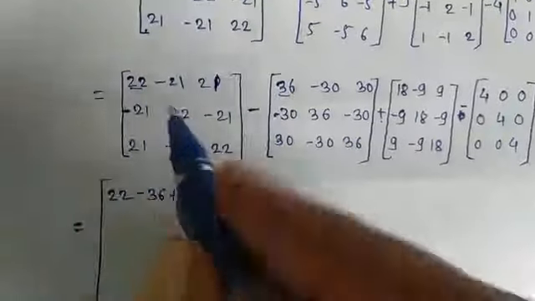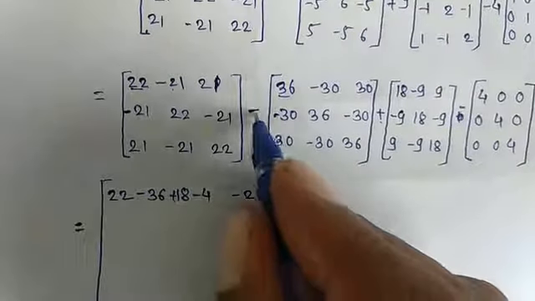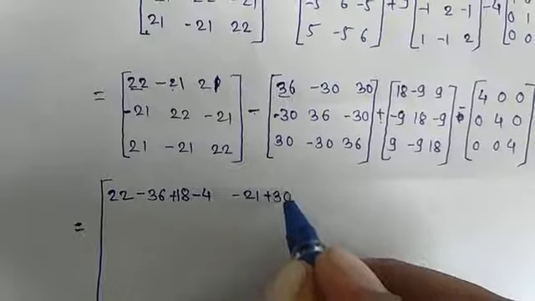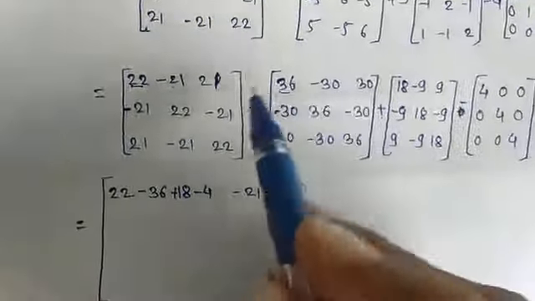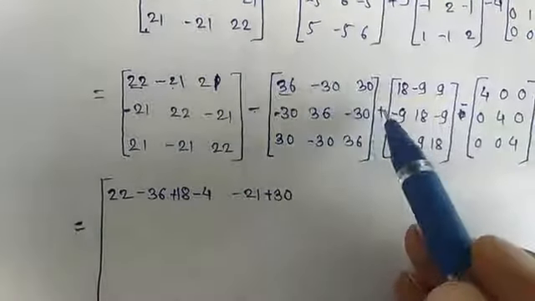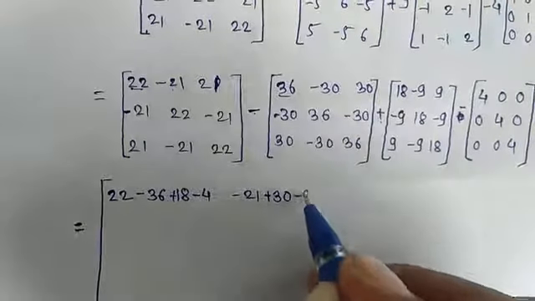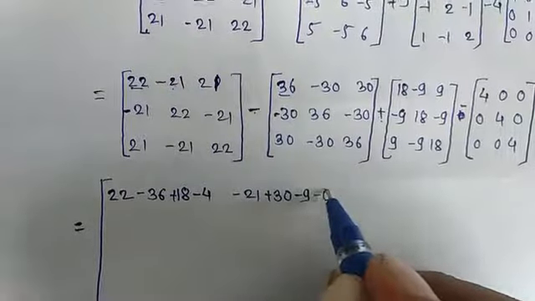For second position, it is minus 21 for the first matrix, minus plus 30, or you can write minus into bracket minus 30. Anyway, here minus 21 minus plus 30, here plus 9 plus minus 9, and last it is 0 minus 0.